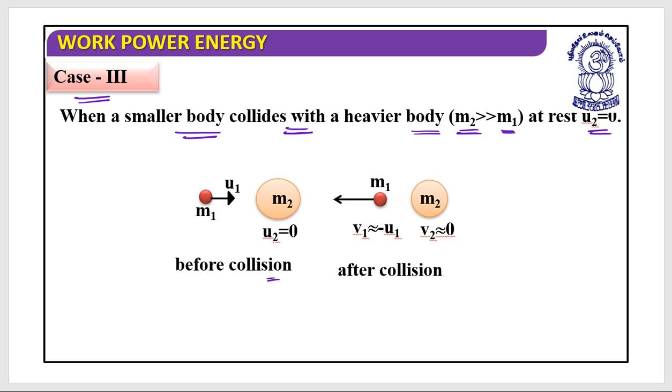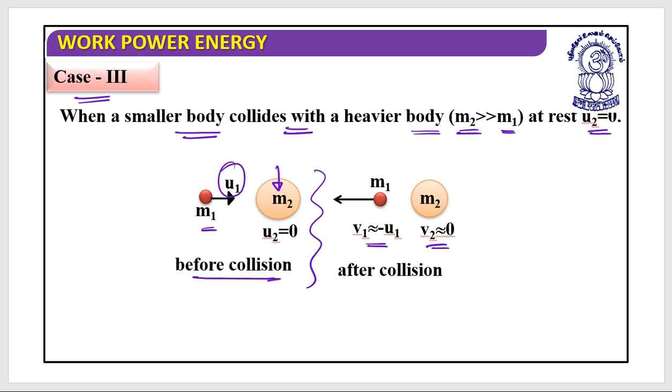Let's see what will happen. This is the case before collision. This is m1, and it is moving towards the second body with a velocity of u1. The second body was initially at rest, and after collision this will happen: the second body is again at rest, but the first is moving with the same velocity in the negative direction.